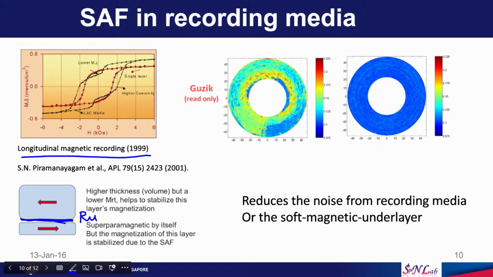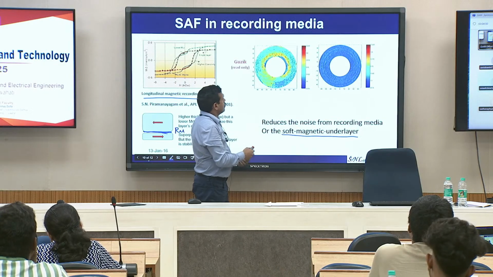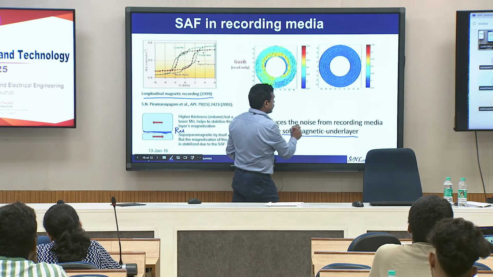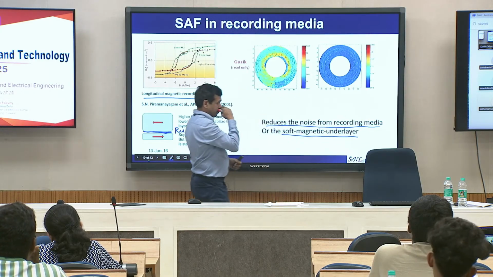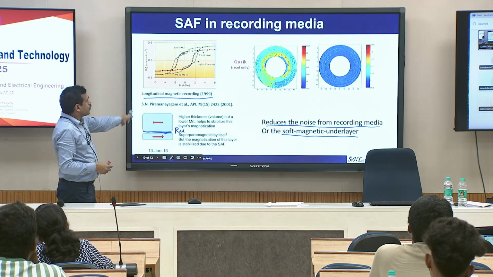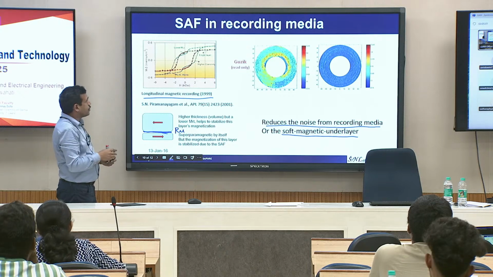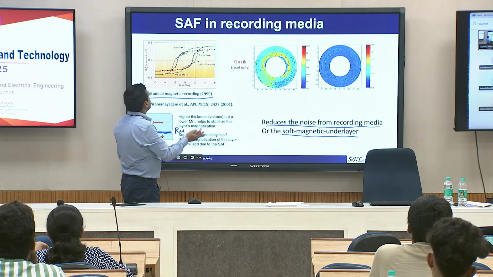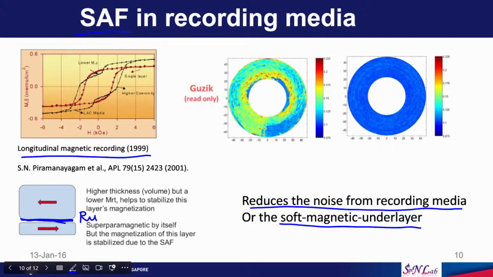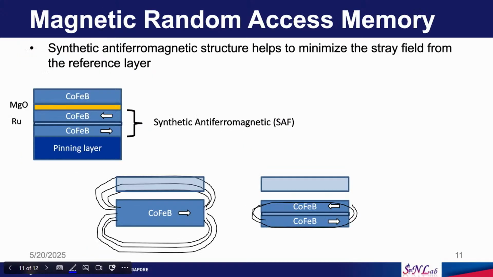Another use is in perpendicular recording media, where they again divide a ferromagnetic layer, with a soft magnetic underlayer, and that helps in reducing the noise from the recording medium. You do not need to go through this detail, because we are not studying recording media, but you can simply appreciate that synthetic antiferromagnetism is also used in recording media to reduce noise. This is another application.